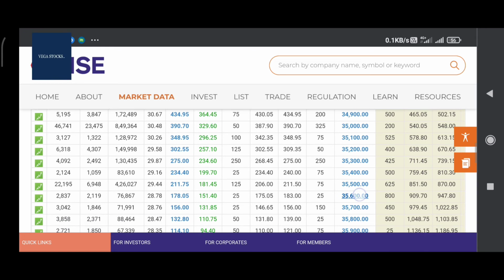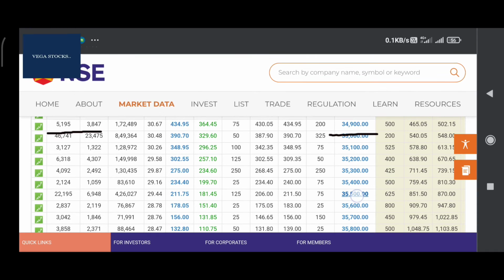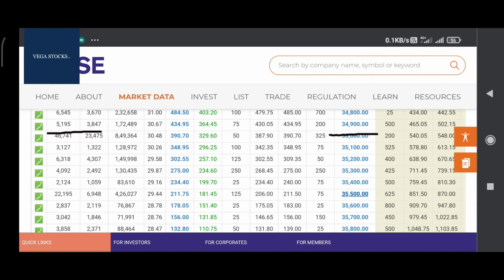In this case, at 35,000 we have 46,741, right? And change in open interest is at 23,475.